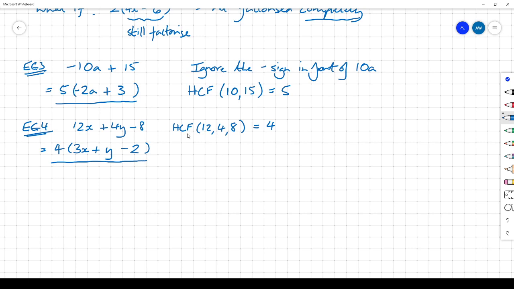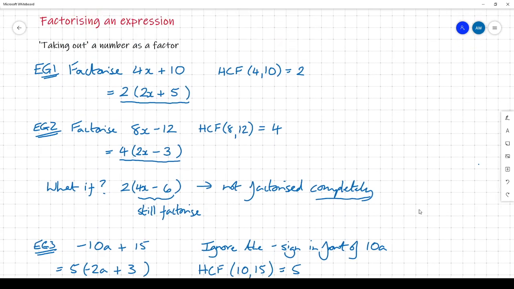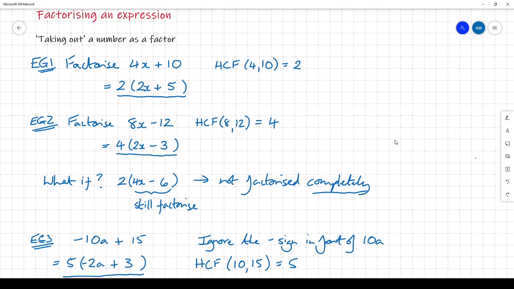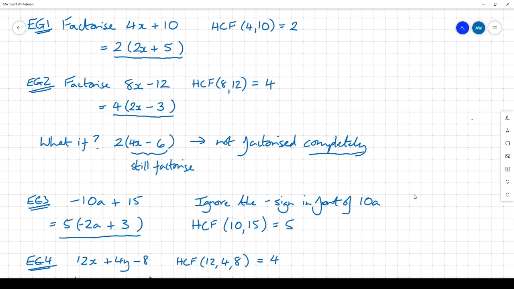Okay, now that is it for this video, so I'm just going to recap very quickly. This video solely looked at just taking out a number as a factor. So every factor we took out was just numbers. Up to this point you've only been taught that factors are numbers, but as you'll see in the next video, factors can also be letters, and we'll be looking at taking out letters as a factor.